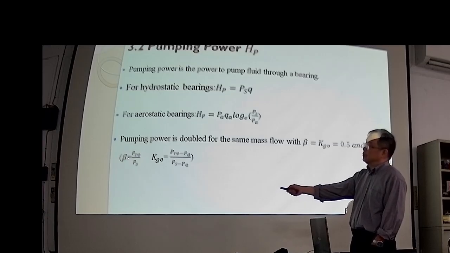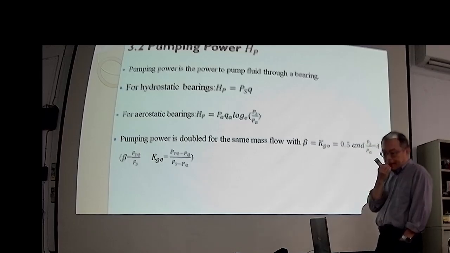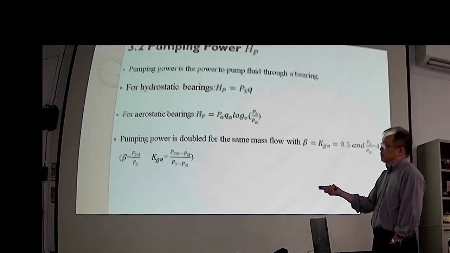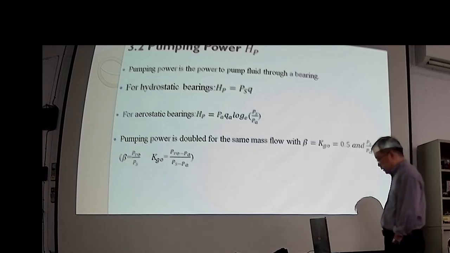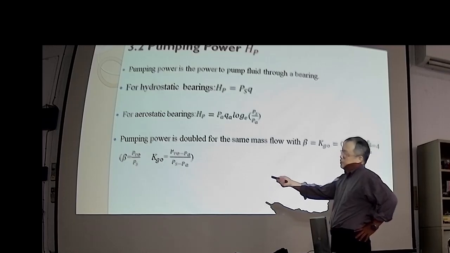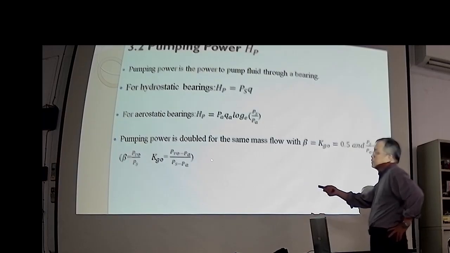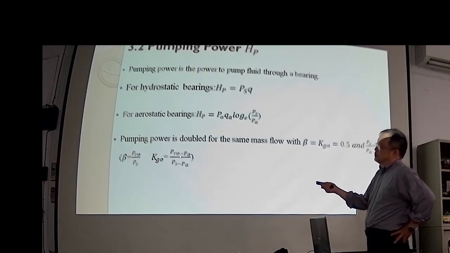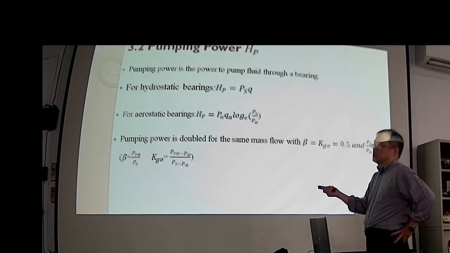We also have a pressure ratio for the air bearing. It is the recess pressure of the air bearing minus the atmosphere pressure, divided by the supply pressure minus the atmosphere pressure.